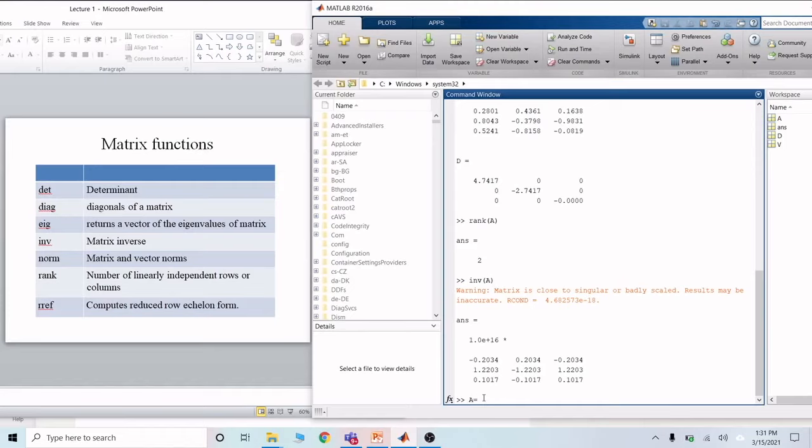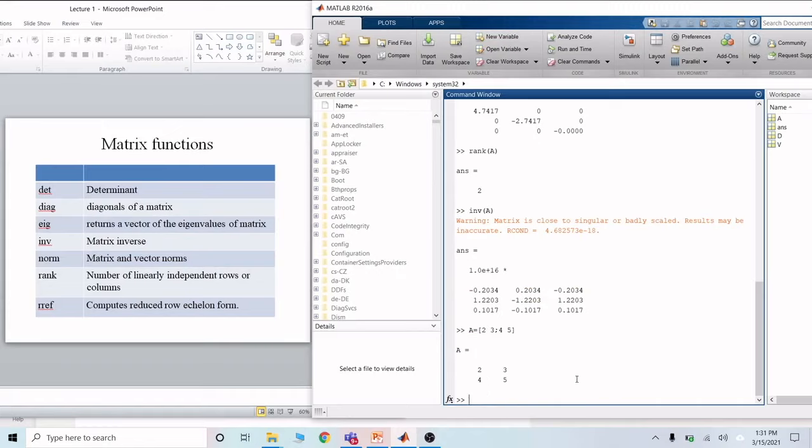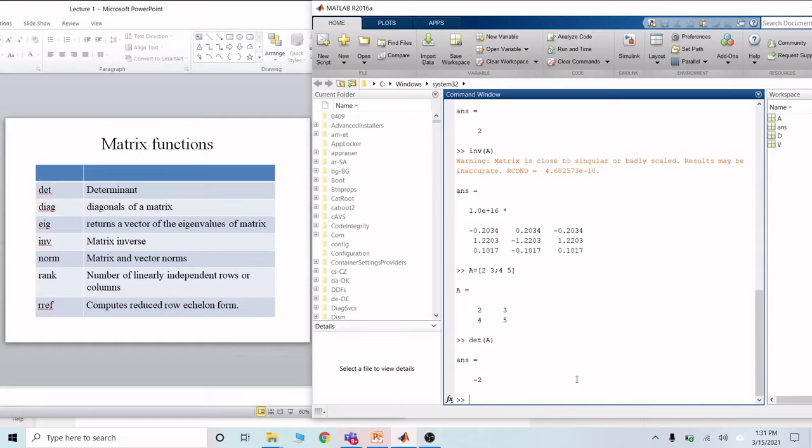Now I will show you 2 3, 4 5. Okay. DET of A. Because that A was a 3x3 matrix, I'm not computing it by hand.